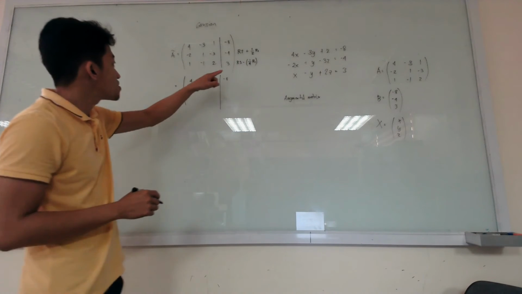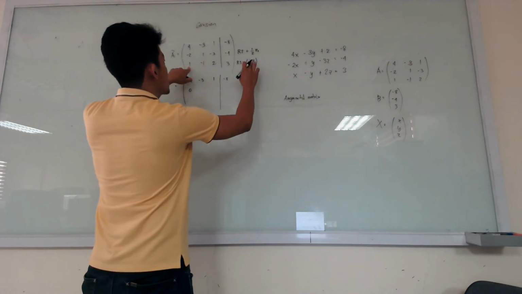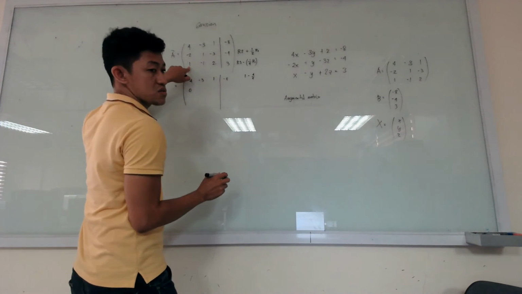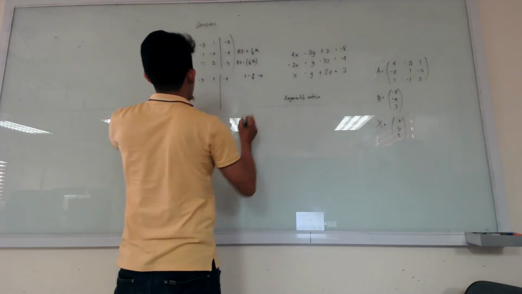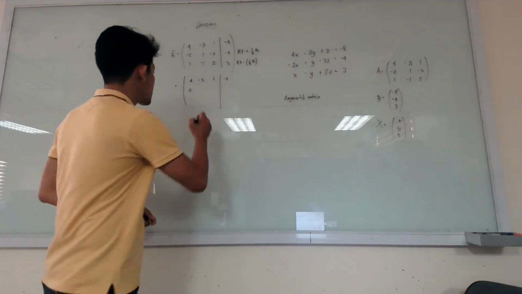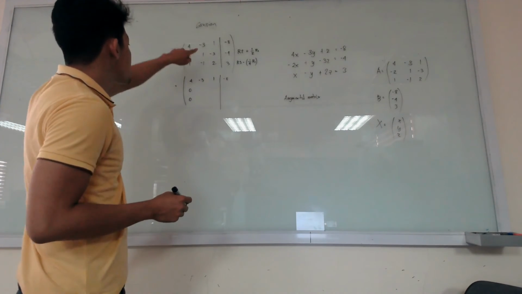Okay, so you have row 3, 1 minus 4 over 4. So this is 1. So 1 minus 1, again, this is 0. So mauna siya nga ma-0 ni. And then, proceed mo ni 1.